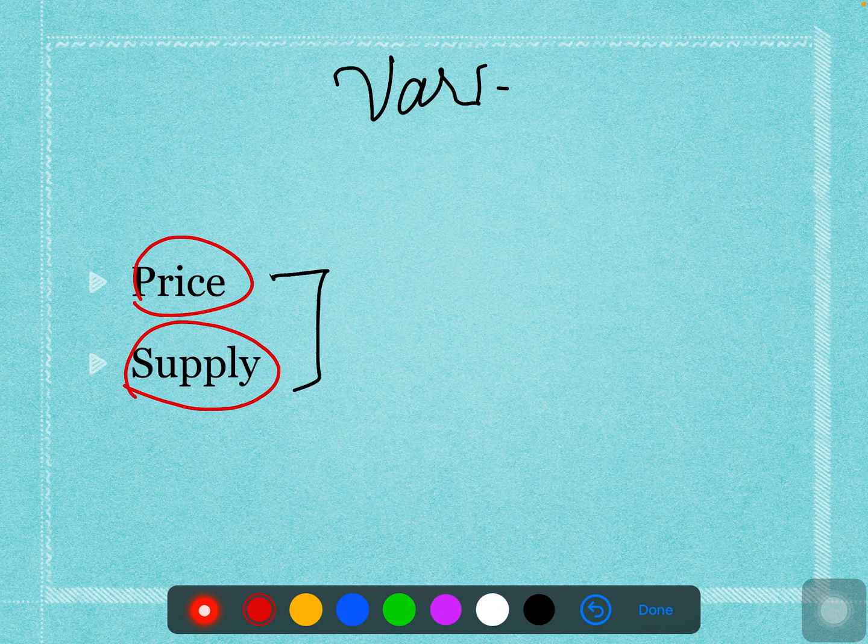When it comes to price and supply, whenever price increases, supply also increases. I'll tell you why. Whenever price increases, the producer, who is going to do the supply, thinks that if the price increases, his profit margin is going to increase.